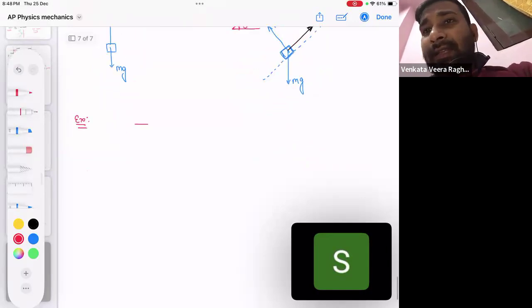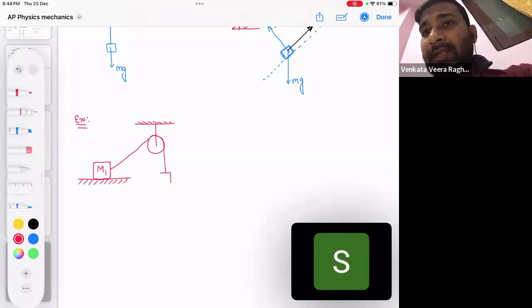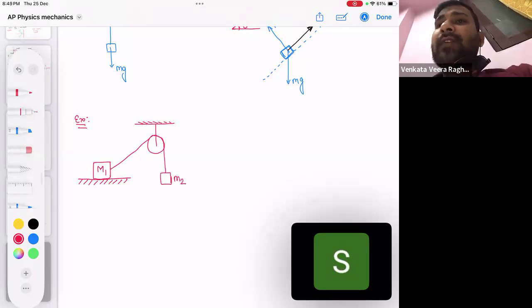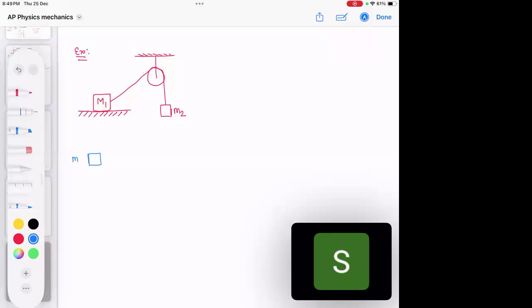Next, let's see another example of how to draw the direction of tension. Let's say an example is given like this. This is the horizontal ground. This mass is m1, and the same string is passing over the pulley with m2. If I ask what forces are acting on m1 and what forces are acting on m2, what are the forces acting on m1?